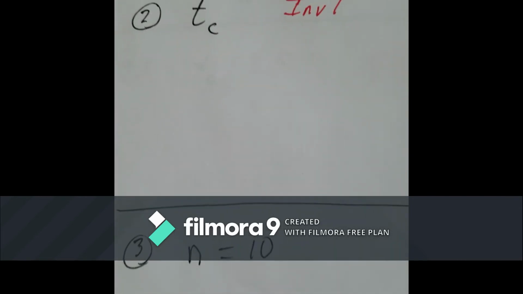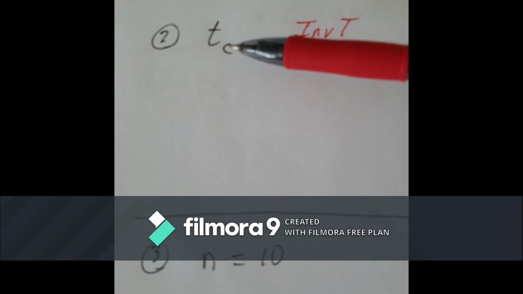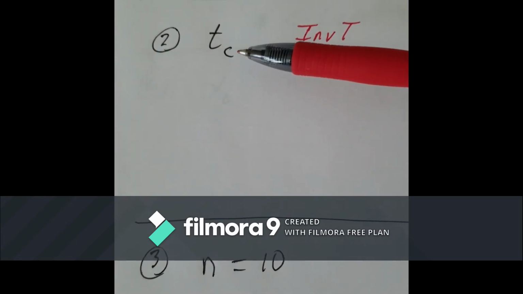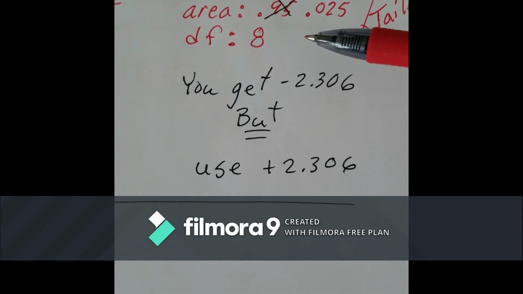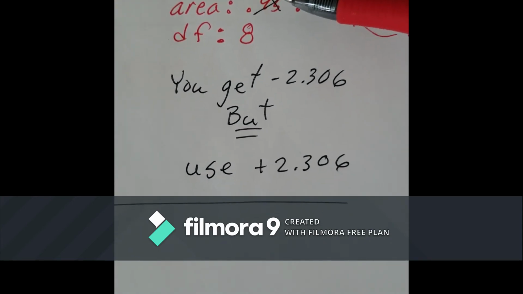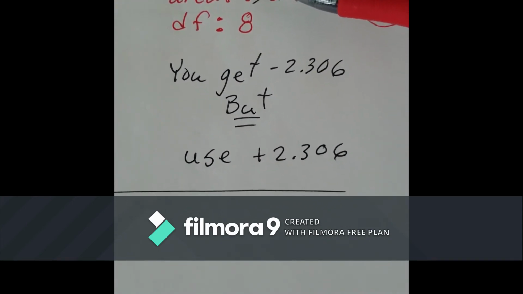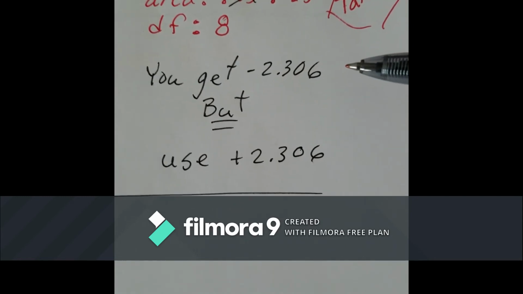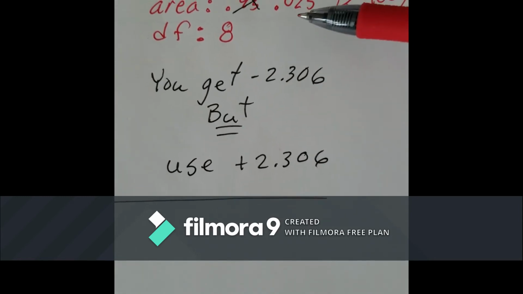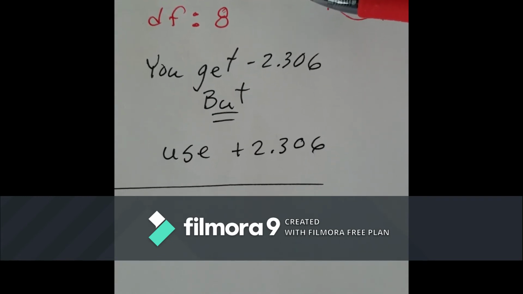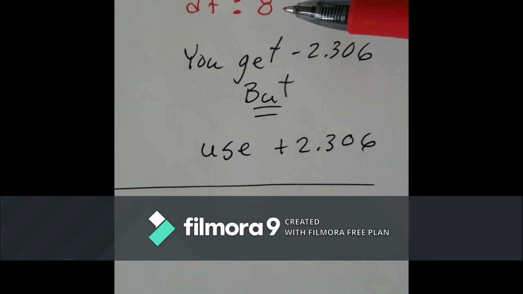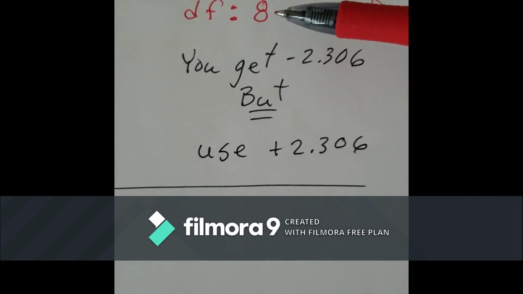Next, you need the critical value, t sub c. You go to inverse t. For area, it's a 95% confidence level, right? Don't put in 95. This is a two-tail situation, so I take the 0.05, cut it in half, and put in 0.025. Degrees of freedom, you subtract 2 from n, you get 8.